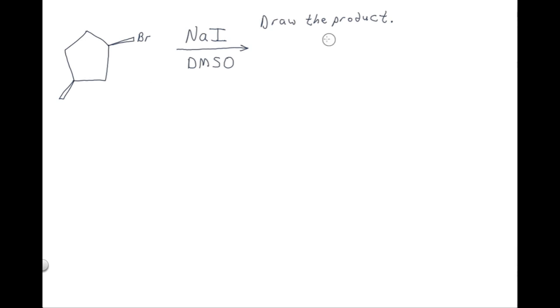Please pause the video and try this problem. Now we'll discuss it. I'll start by numbering all the carbons. Now we look for ionic bonds so we can put in some charges. Because of the metal sodium, there's an ionic bond here between the sodium and the iodide.